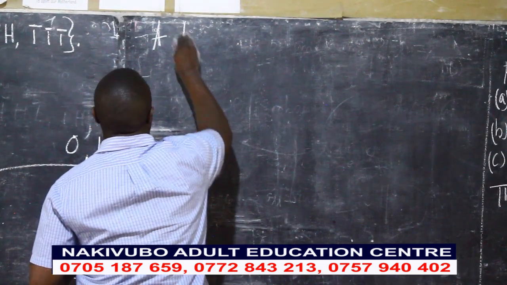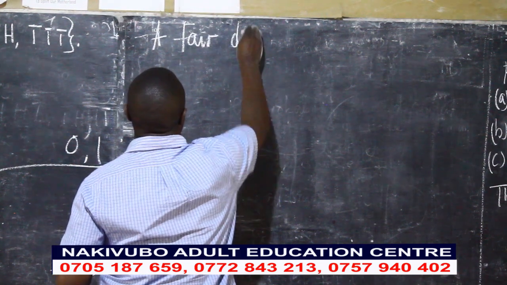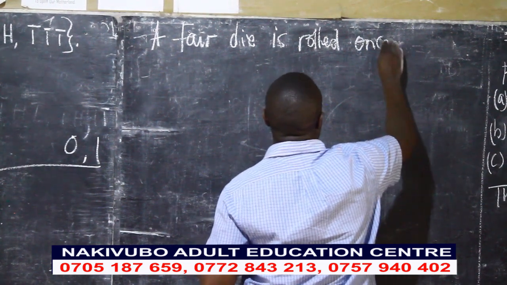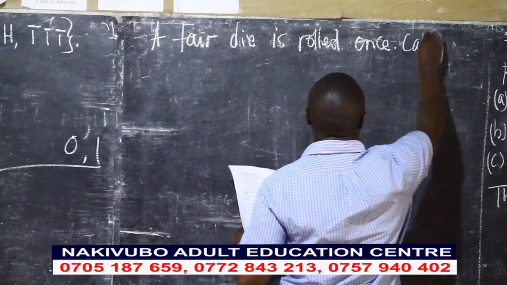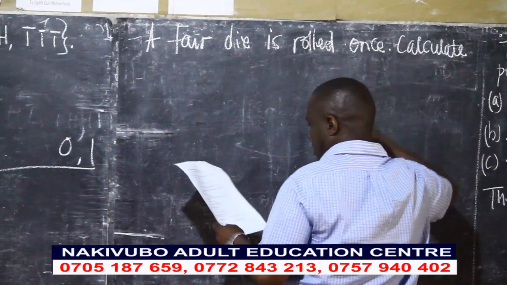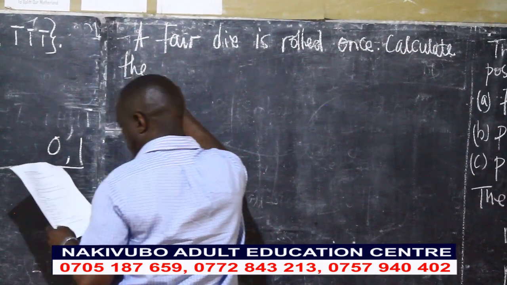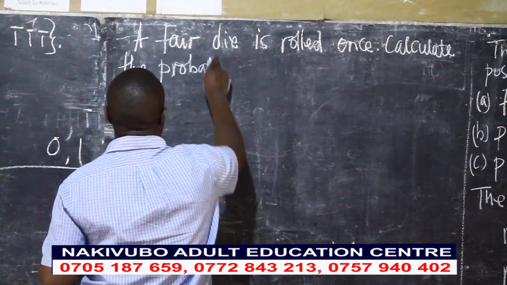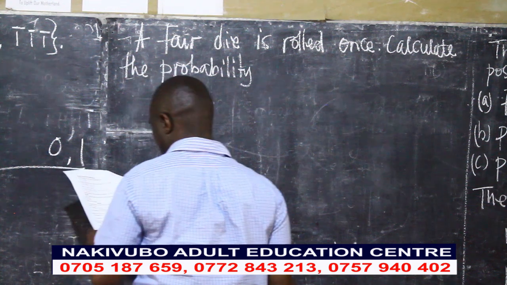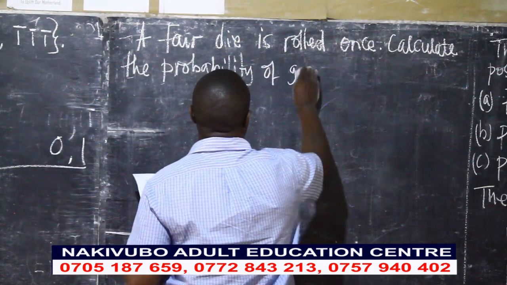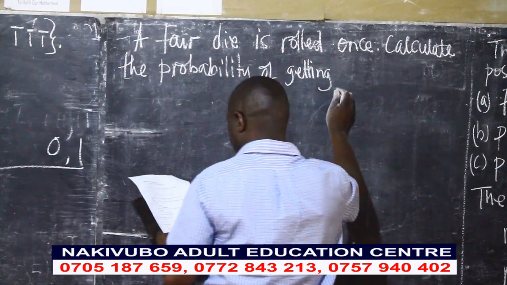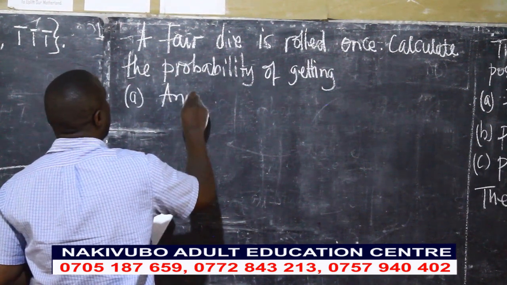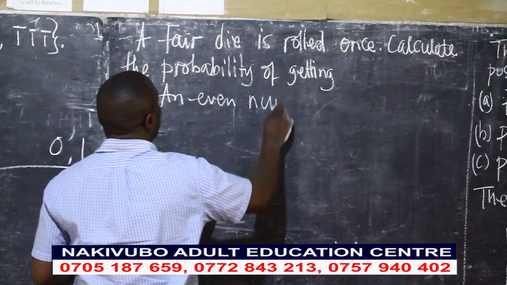A fair die is rolled once. Calculate the probability of getting: A, an even number.